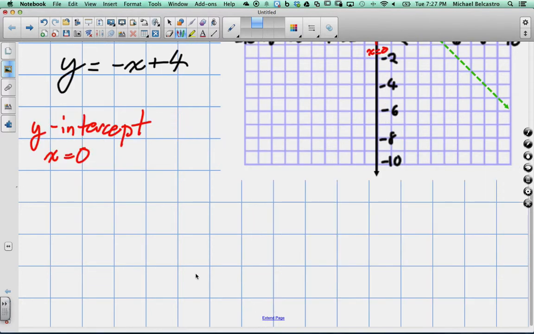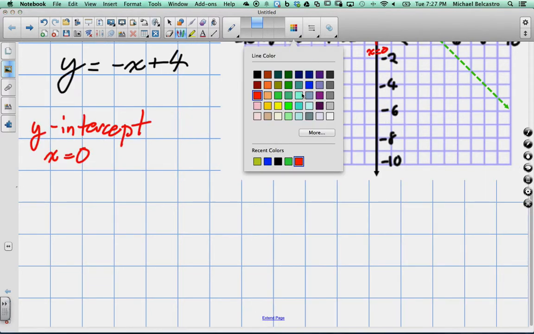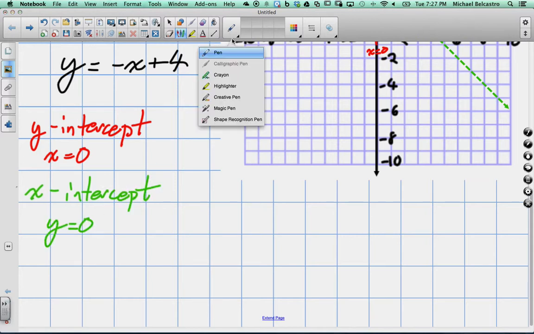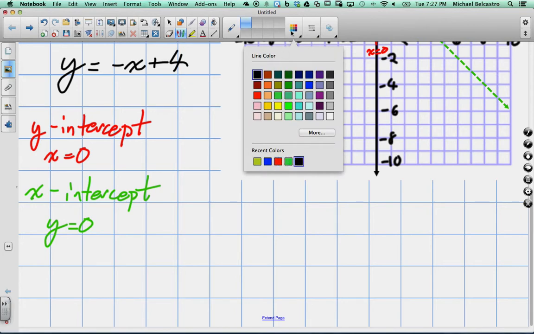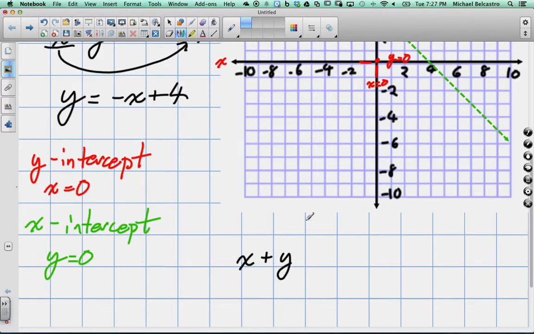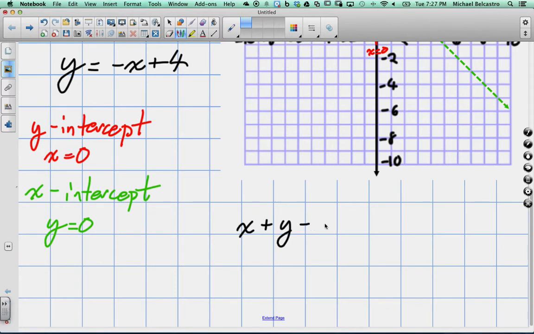And we can solve for an x-intercept by setting y equal to 0. So let's take that original equation we had. X plus y minus 4 equals 0.